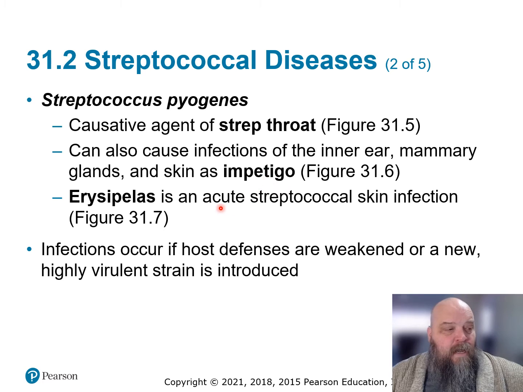If they get down below the epidermis, between the epidermis and dermal layers, and they start spreading, you get what is referred to as erysipelas. You're not going to see the scabbing like you would with impetigo. What you're going to see here is a large area that is now red and inflamed, extremely hot to the touch. We'll see that in a few minutes.